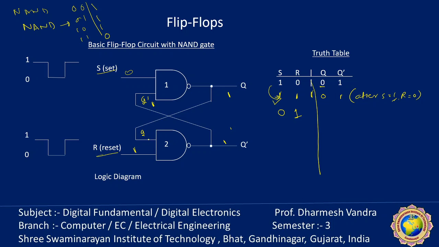This one is applied to here. 1 1, the output is 0, and this 0 goes to here. So 0 0, the output is 1. That means Q equal to 1, Q dash is 0. Okay, so reset is 1, the output is 1 0. Normally this is called reset bar and set bar, or negative logic here.